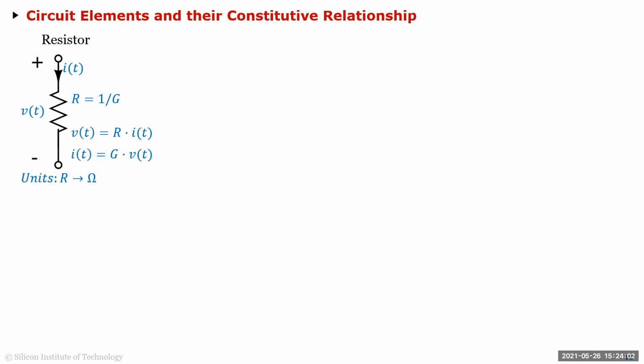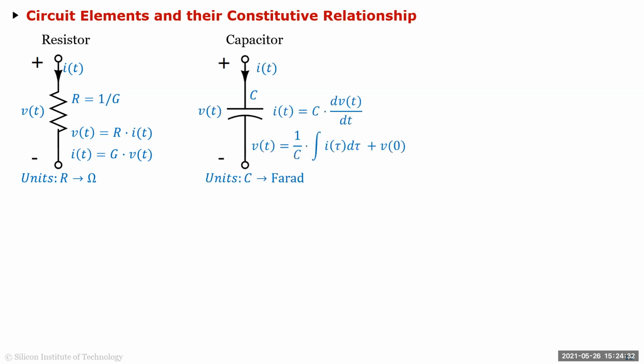Obviously everyone knows the resistor, and it's just Ohm's law which defines the relationship of current to voltage. The constitutive relationship is basically the relationship between voltage and current for these elements. A lot of times when you're doing circuit analysis, it is much easier to express the resistance as conductance, which is the inverse, so that you're not carrying reciprocals all the time.